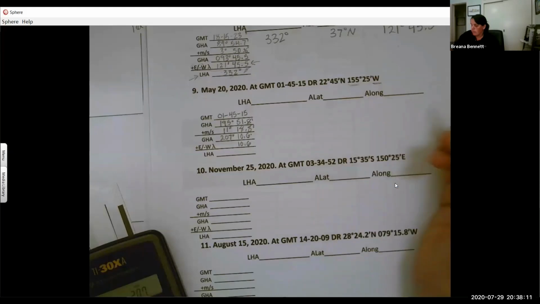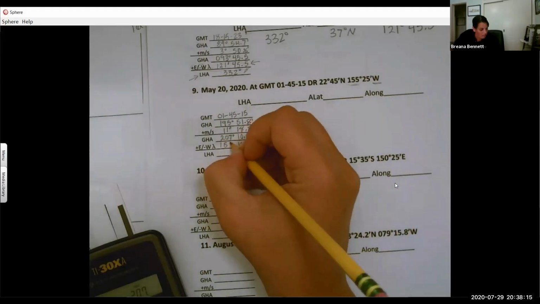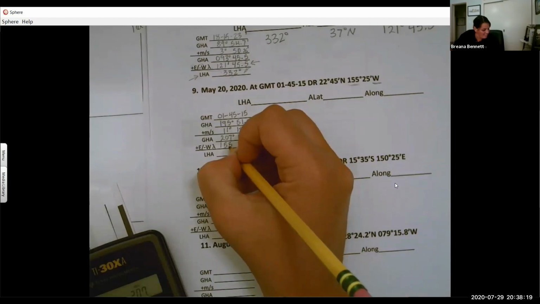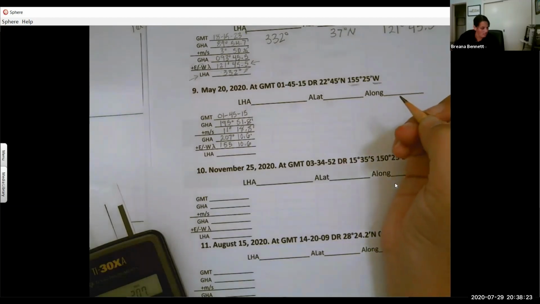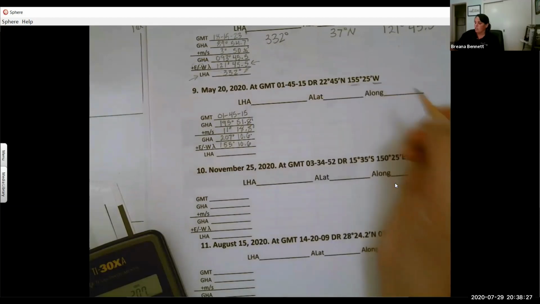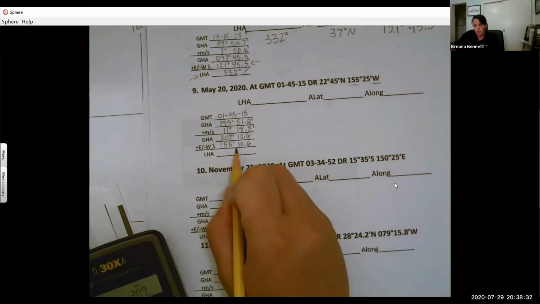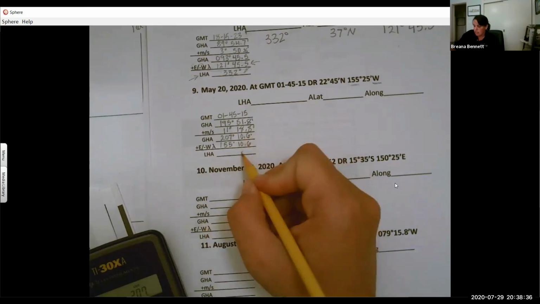It's 155 again. I'm sure I'm going to come up with an example where it's the opposite. Yep, okay. So my assumed position is going to be that 155, 10.6, because this gives me 0.